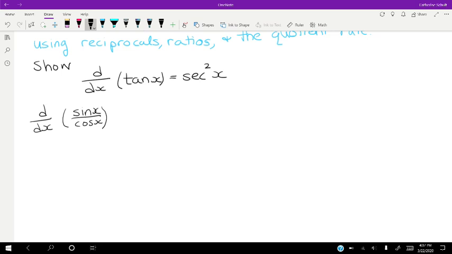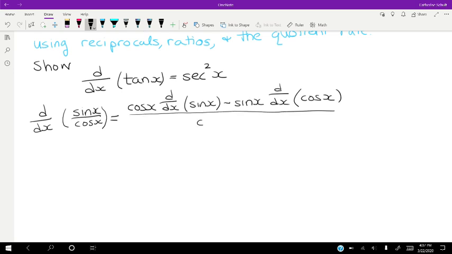Okay, so if we wanted to take the derivative of this quotient, what we do is we take the bottom function times the derivative of the top minus the top function times the derivative of the bottom, and then we divide it by the bottom squared.